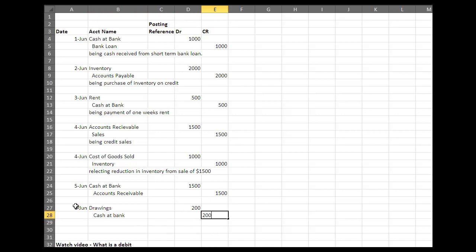Now, you'll notice lots of other things that have come through here on various exercises, drawings, cash at bank. Here's an example of an increase in an asset and a decrease in an asset. Here we have an increase in an asset and an increase in a liability. An increase in an asset and an increase in a liability.